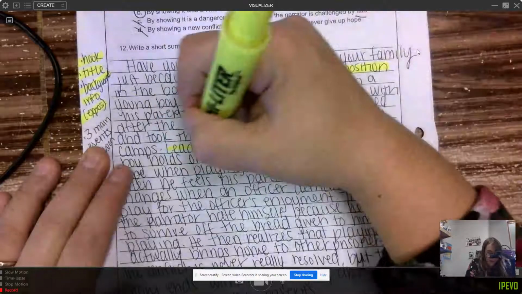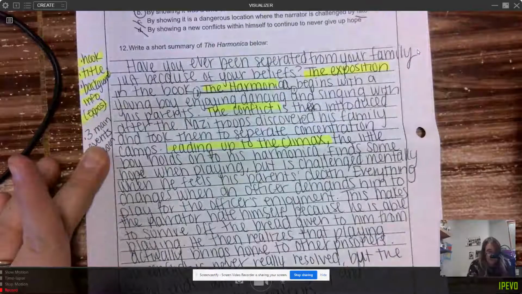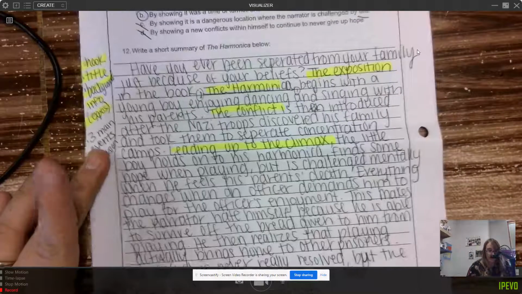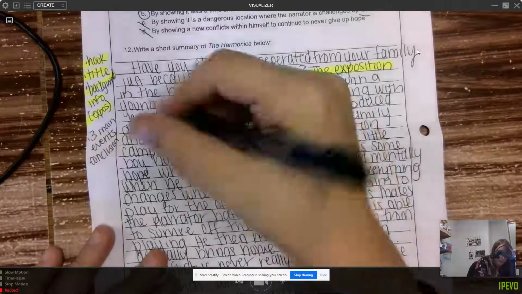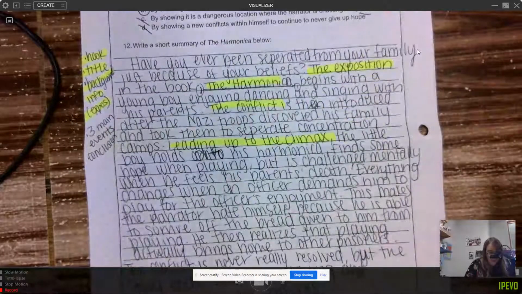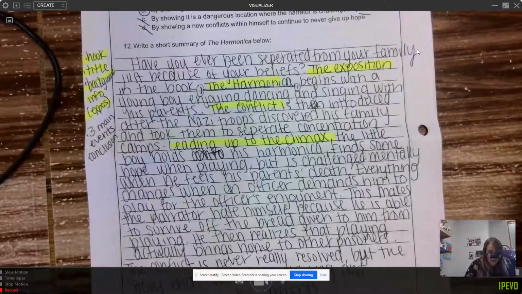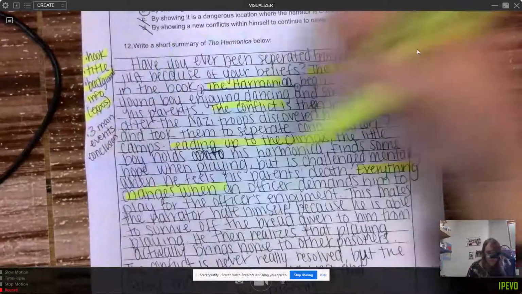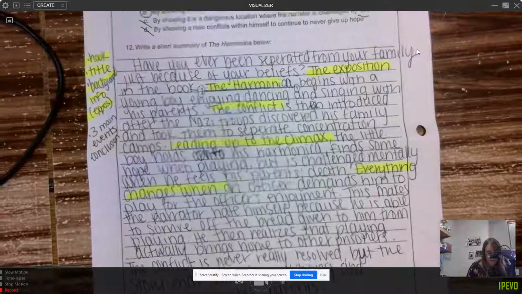Leading up to the climax, these are our transitions, the little boy holds on to his harmonica. Onto is one word. His harmonica, finds some hope when playing, but is challenged mentally when he feels his parents' death. Everything changes, we're going into the conflict, when an officer demands him to play for the officer's enjoyment.